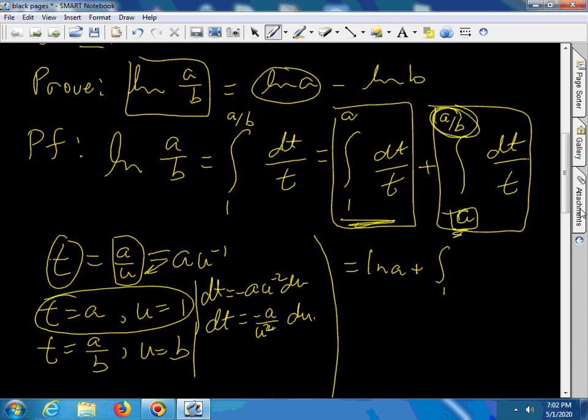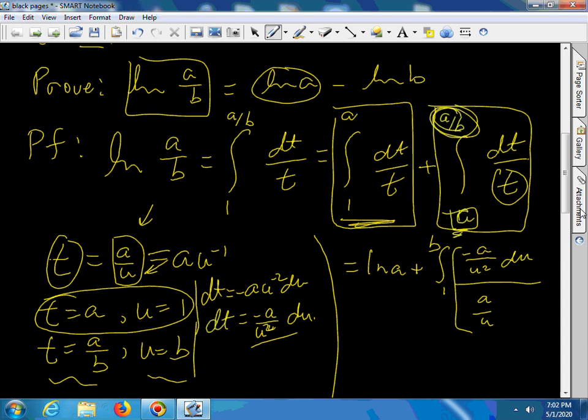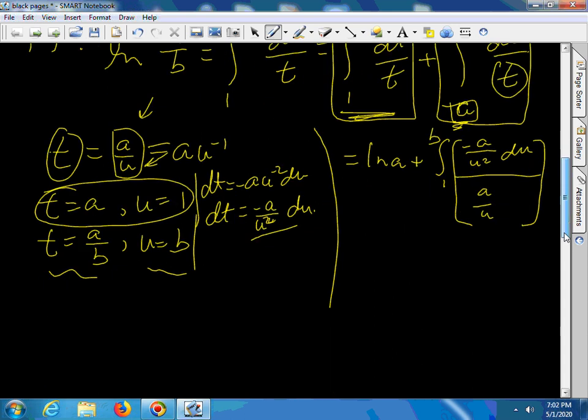And when t is a over b, u is b. And dt, well, that's negative a over u squared du divided by t, which is a over u. The integral of that whole mess.